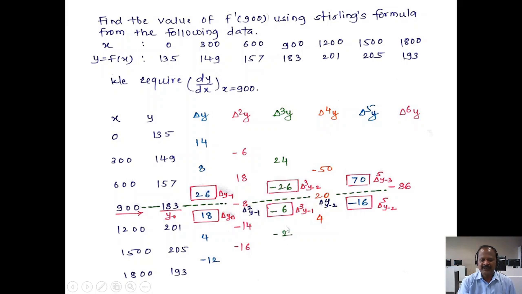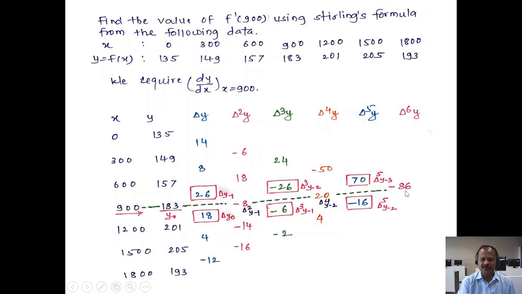Minus 2 minus the bracket minus 6 is 4. Fifth difference: 20 minus the bracket minus 50 gives 70. 4 minus 20 is minus 16. The last difference, the sixth difference, is minus 16 minus 70, which is minus 86.